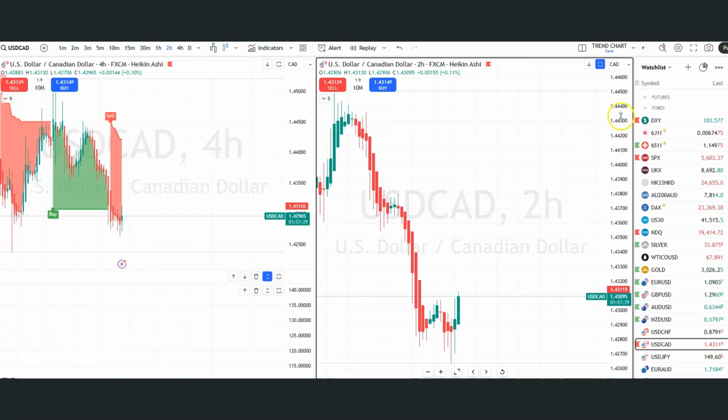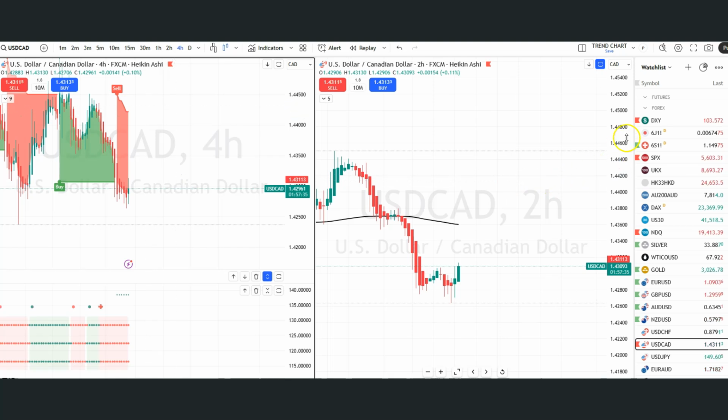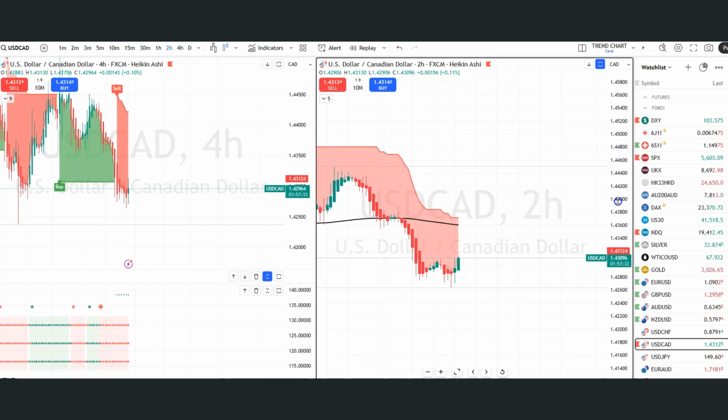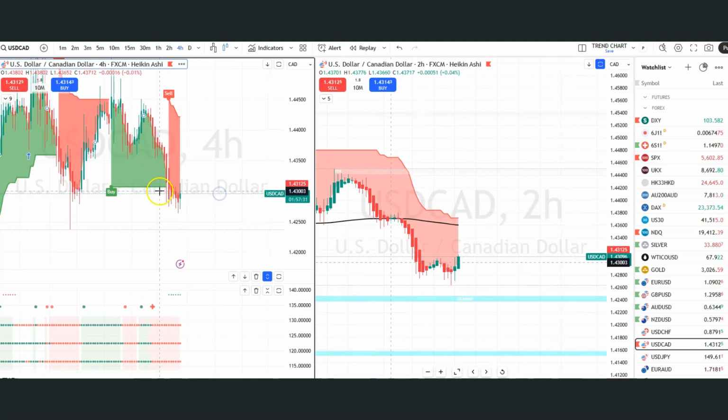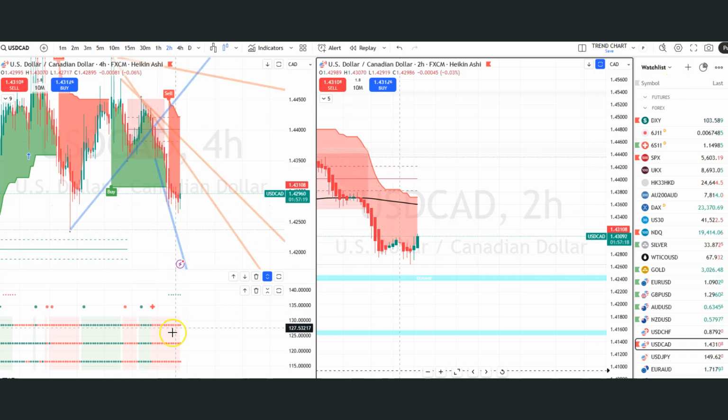US Canadian has changed character, so we do expect a pullback up. We've got this stage 1 in play now, so you're going to see the price do something like this. We can do a 50% fib, can't we? Do it on the 4-hour, shall we?